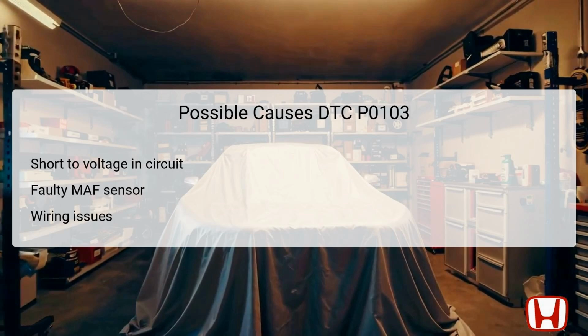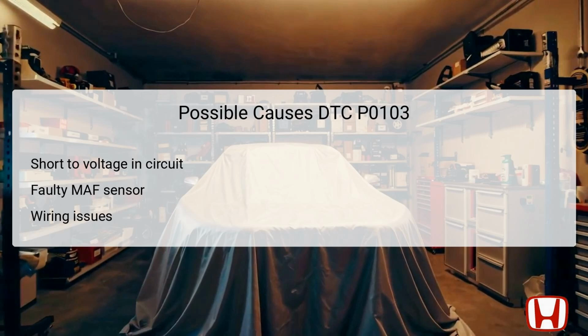One common issue could be a short to voltage in the MAF sensor circuit, which causes the sensor to report incorrect high voltage levels. A faulty MAF sensor itself might also fail to operate correctly, leading to a high voltage reading. Additionally, wiring issues, such as corroded or damaged connectors, can also disrupt the signal being sent to the engine control module, ECM.